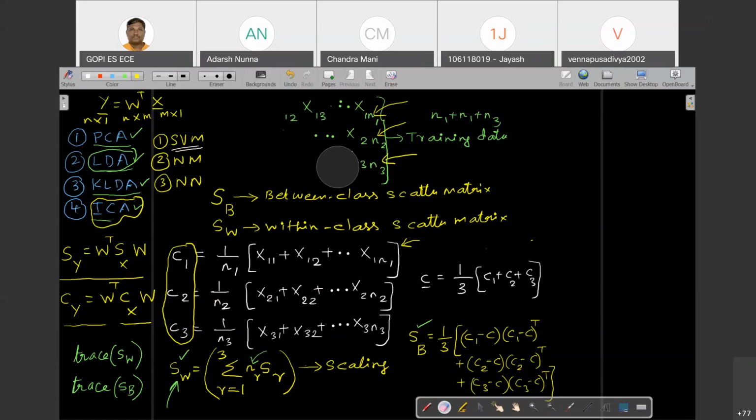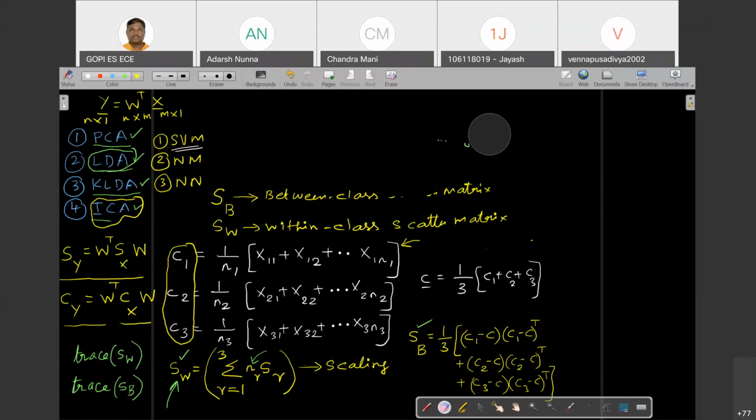After computing this, we go for computing the eigenvectors corresponding to SW inverse SB, right?